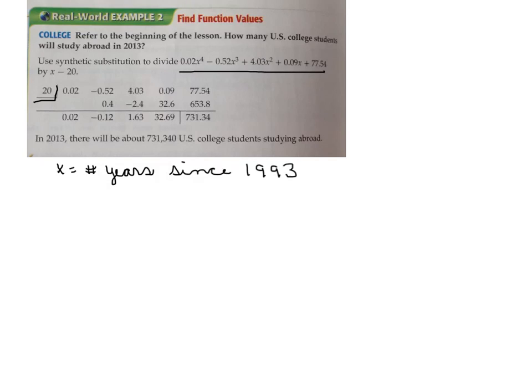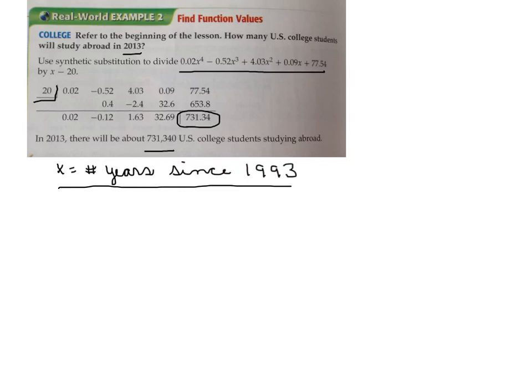Well, if you go back and look, it says x is the number of years since 1993. So 2013 is 20 years later, so they pop 20 in there. They use long division, and they come up with this number. So they're saying it's about 340, U.S. college students studying abroad.